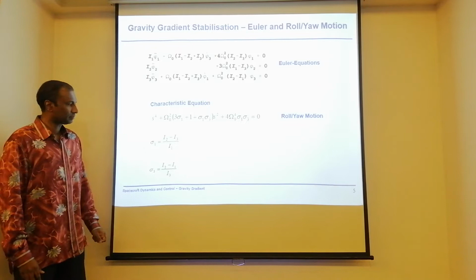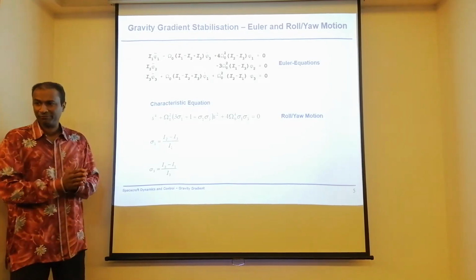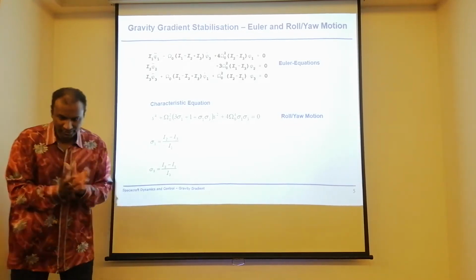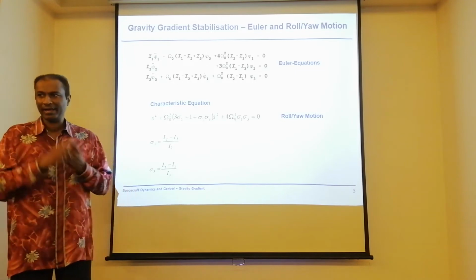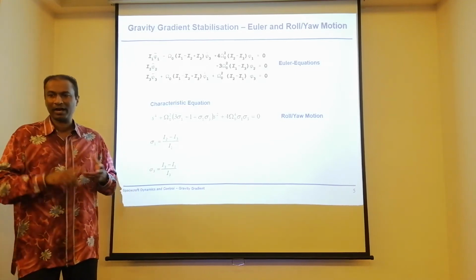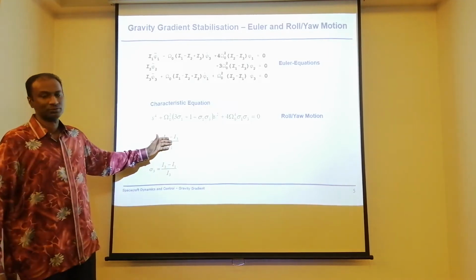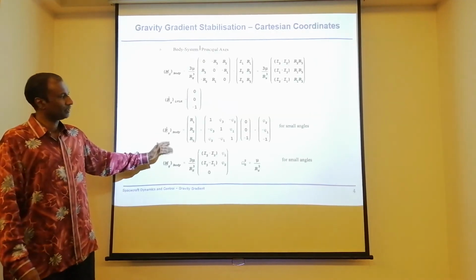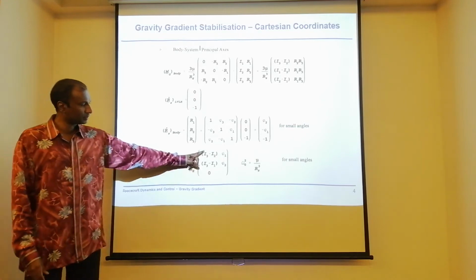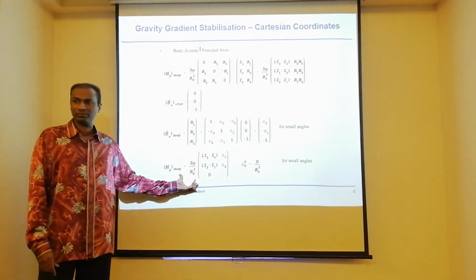Which one will be stable? When I have, let's say, a perfect sphere, that means Ixx, Iyy, Izz all equal. When all equal, what exactly happens? Please go to the equation. When all equal, what happens? It becomes totally zero.